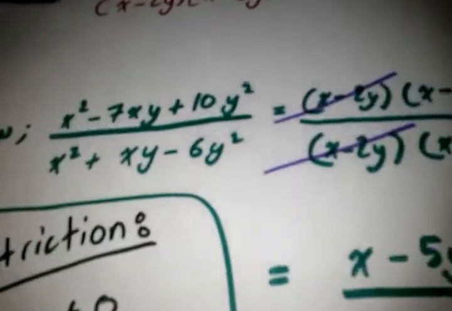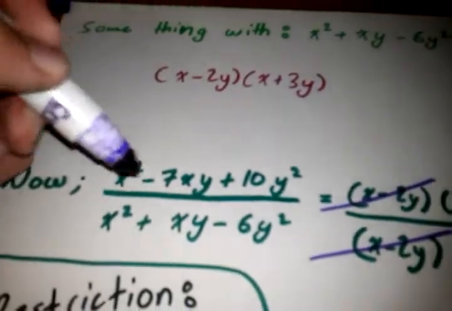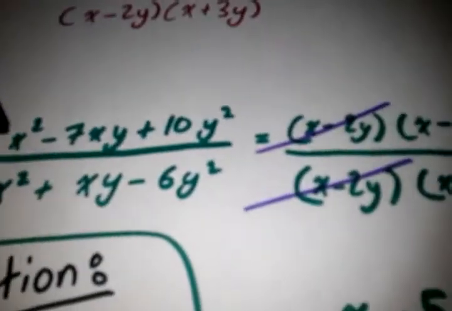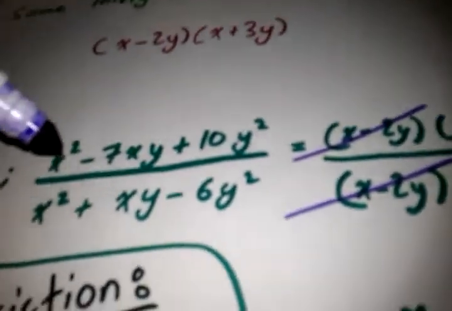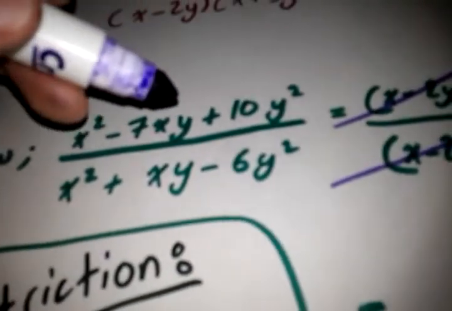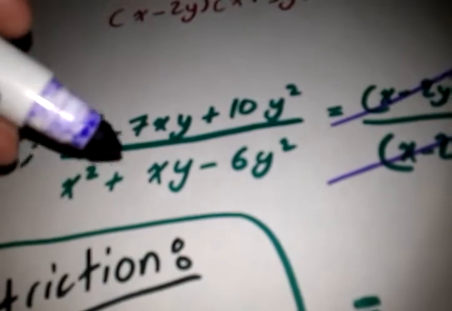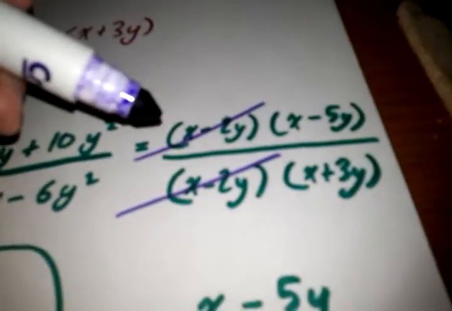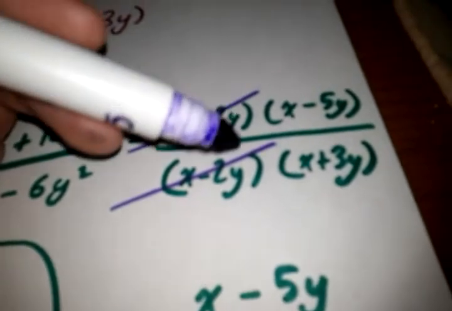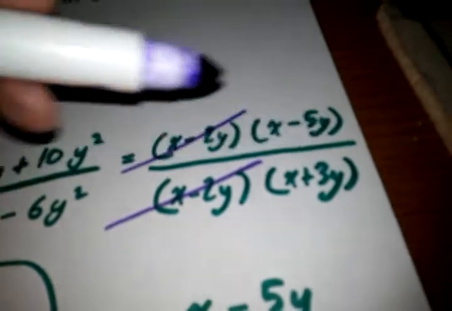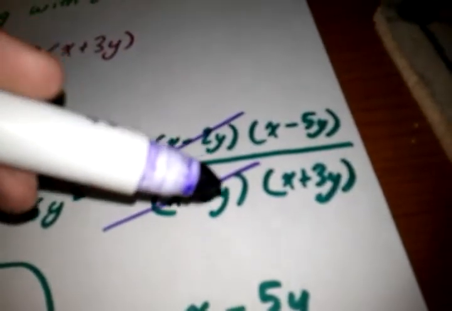So knowing that, we can get back to working this equation out. We have x squared minus 7xy plus 10y squared over x squared plus xy minus 6y squared. We got x minus 2y times x minus 5y over x minus 2y times x plus 3y.